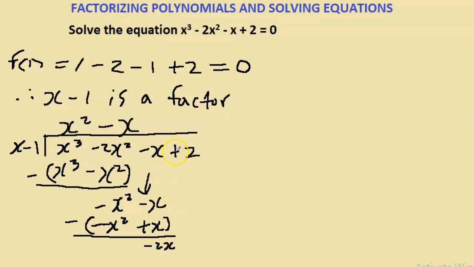Alright? You bring down the positive 2. So you get x into minus 2x, that's minus 2. And minus 2 times x, that's minus 2x. And minus 2 times minus 1, that's positive 2. Now when you subtract, of course, you get 0.